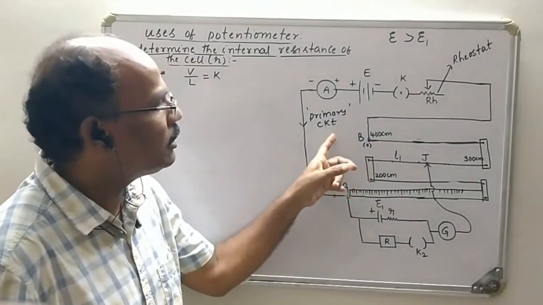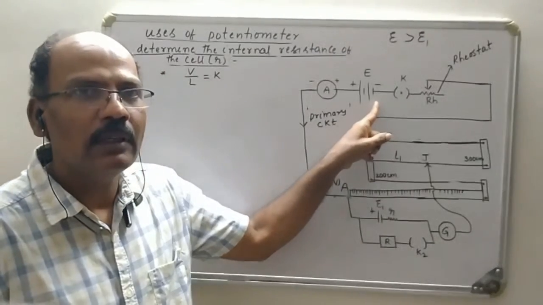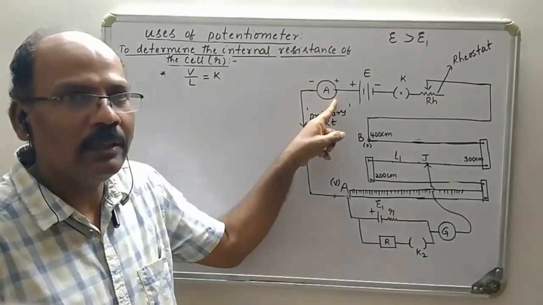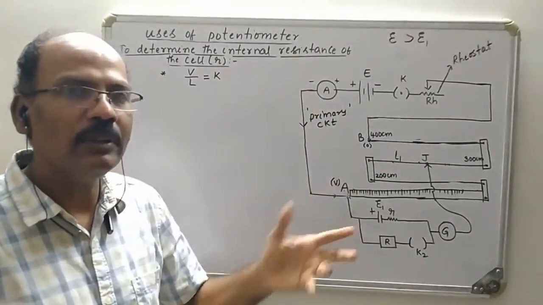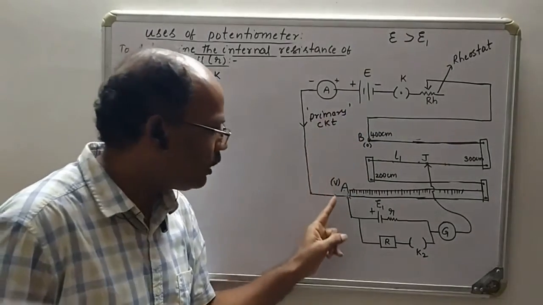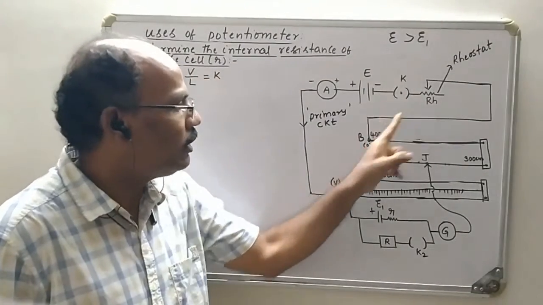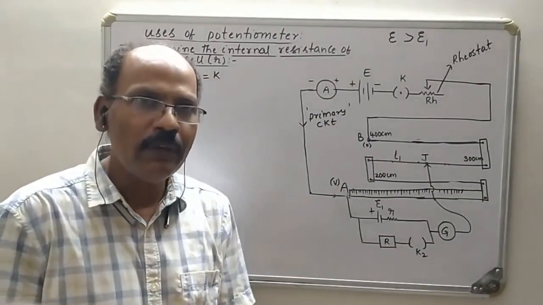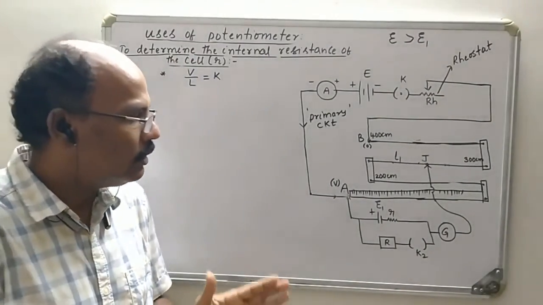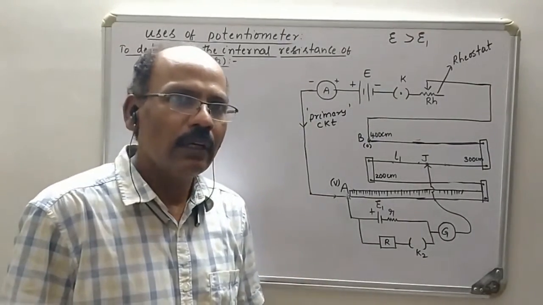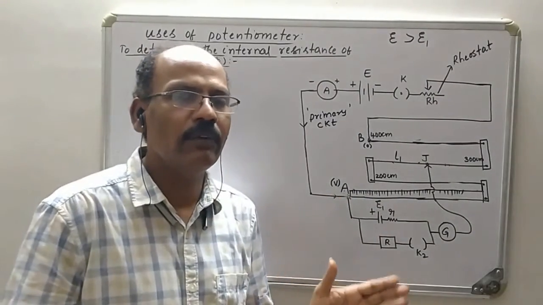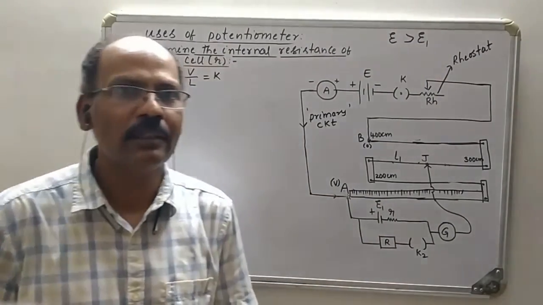The primary circuit consists of a battery of EMF E, a plug key K, rheostat RH, and an ammeter A connected in series between the two endpoints A and B such that the positive polarity is connected to A and negative polarity is connected to B. Between A and B, a number of segments of potentiometer wire are fixed on the wooden board, and a meter scale is also fixed along the manganese wire to measure its balancing length.